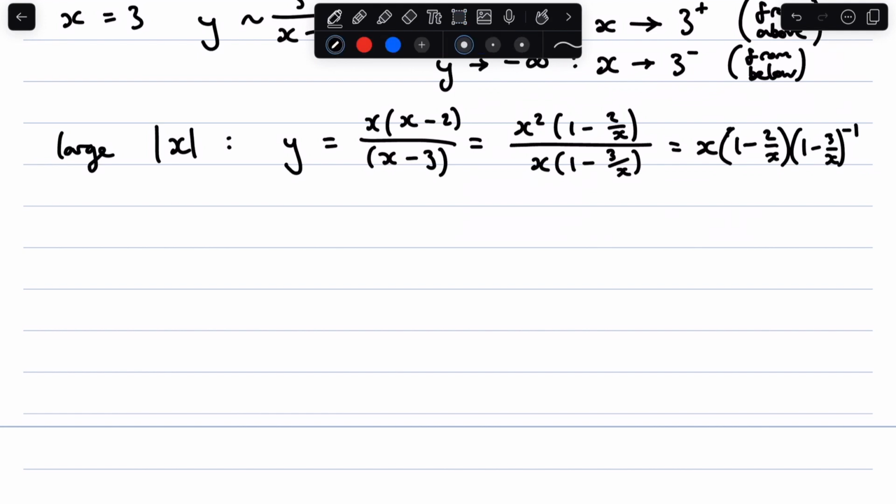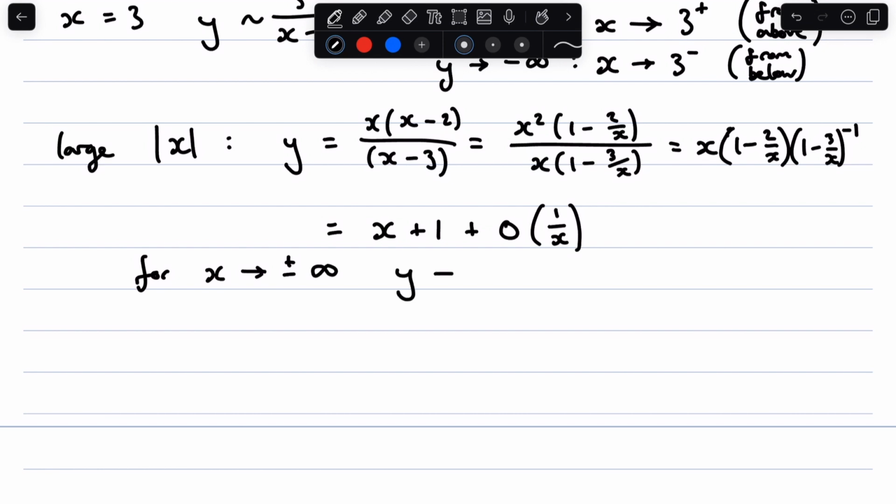I'll let you do this as an exercise, but you can expand these and it will result in x plus 1 plus order 1 over x, and as x tends to infinity, this order of 1 over x will tend to 0. So for x tending to plus or minus infinity, we have y tending to x plus 1, so it will have these straight line asymptotes of a y equals x graph but shifted up by 1.